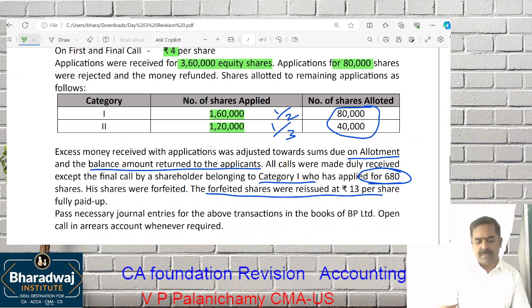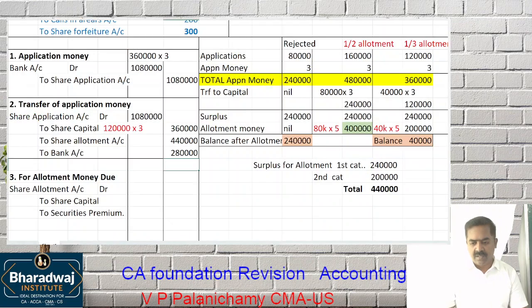Excess money received with application was adjusted towards allotment and the balance amount returned to applicants, which means from the third category, be especially careful. 3,60,000 we collected.